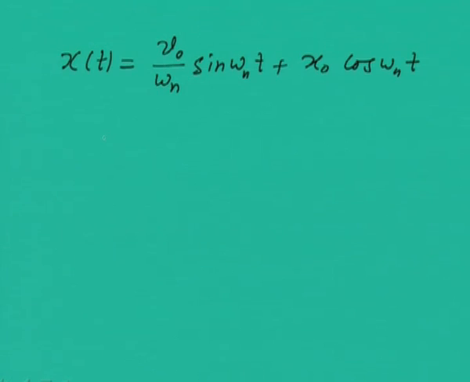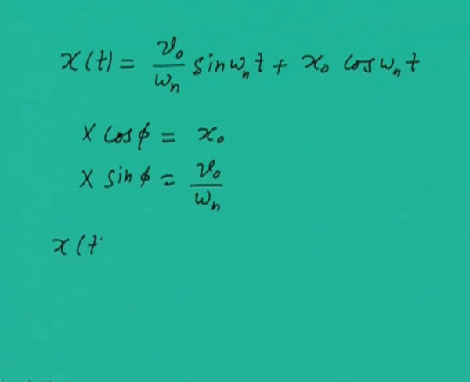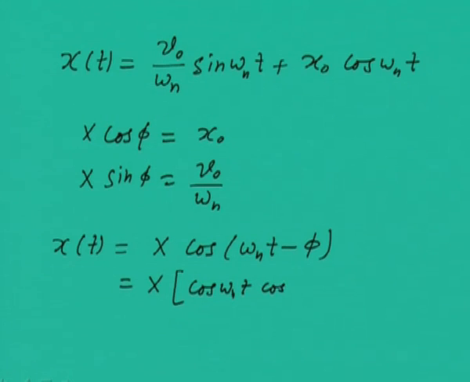So if we write X cos phi as x naught and X sin phi as v naught by omega n, then we can express x(t) as capital X cos of omega n t minus phi, because we know that if we expand this, it gives us X cos omega n t cos phi plus sin omega n t sin phi.